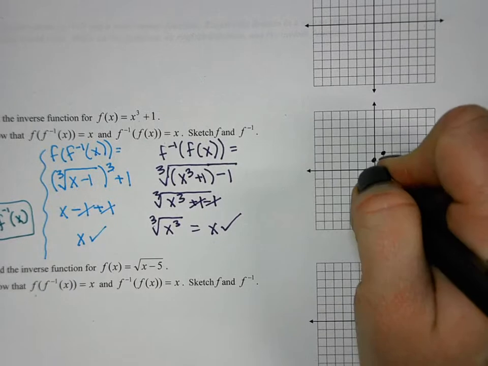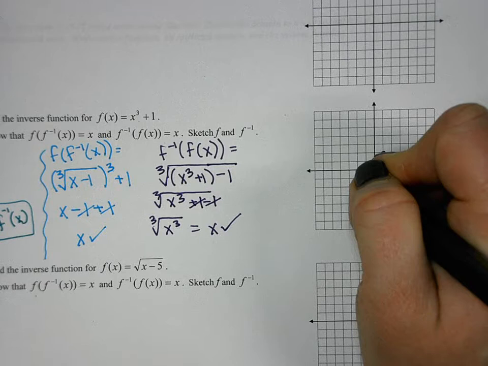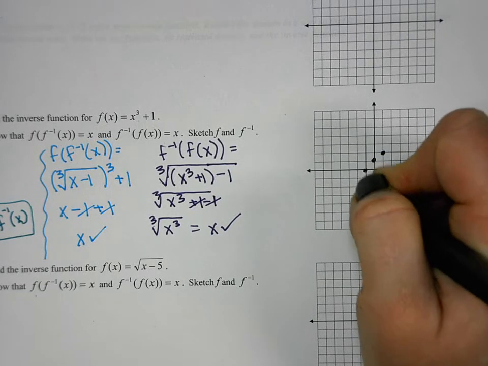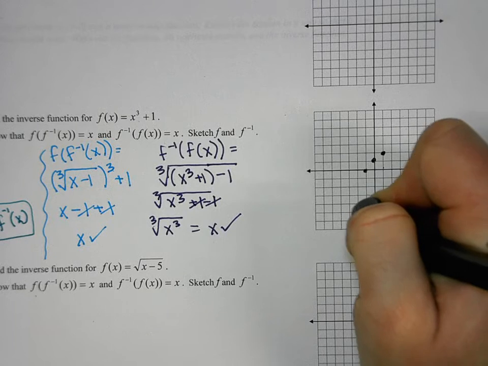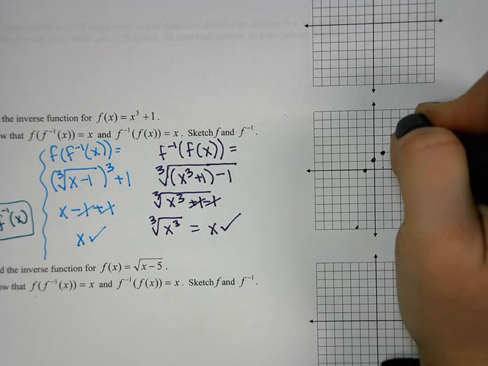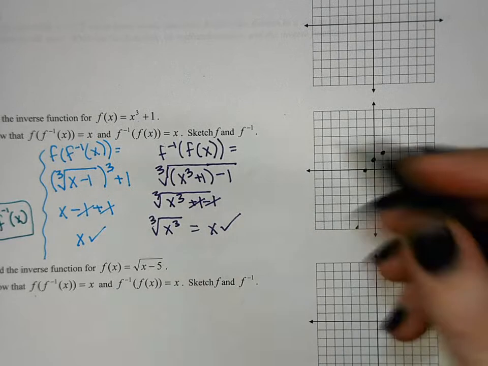So like if we plug in -2, so -2 to the third, that'd give us -8, so -7. 1, 2, 3, 4, 5, 6, 7. And then if we plugged in +2, we'd get 9. 1, 2, 3, 4, 5, 6, 7, and I'm off my graph. So I'm only going to graph these ones.